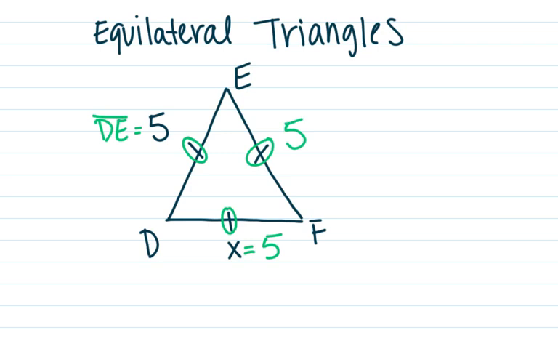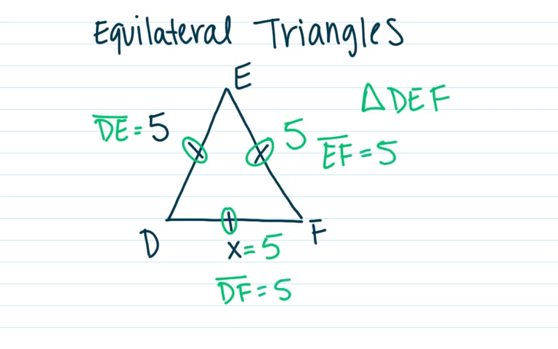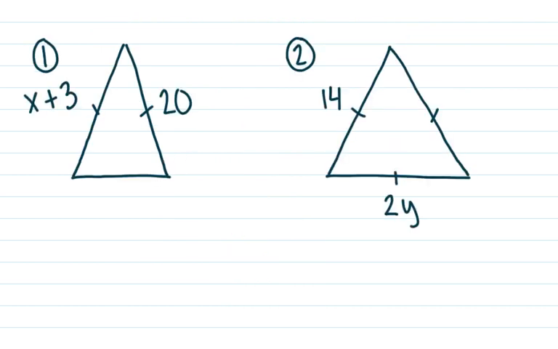So every side of this triangle, and by the way, the name of this triangle is DEF, whether it be side DF down here or side EF here, they all would equal 5 because in an equilateral triangle, all sides are equal. So again, we can use that information to find a missing side or a piece of a missing side. Let's take a look at a couple examples of that.